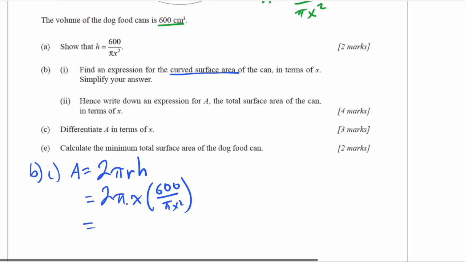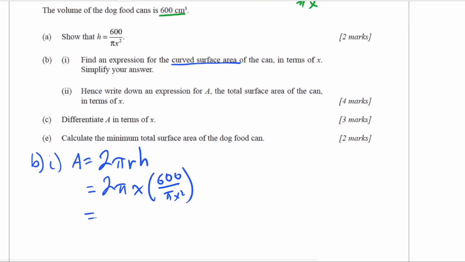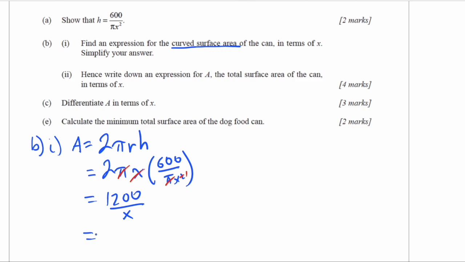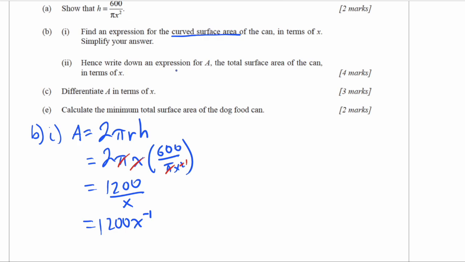Let's simplify that. The pi's cancel, and the x cancels with one of those. So 2 times 600 is 1200. So you have 1200 over x, which equals 1200x to the power of negative 1. I'm just going to write it like that because I know I'm going to do some calculus in a second.